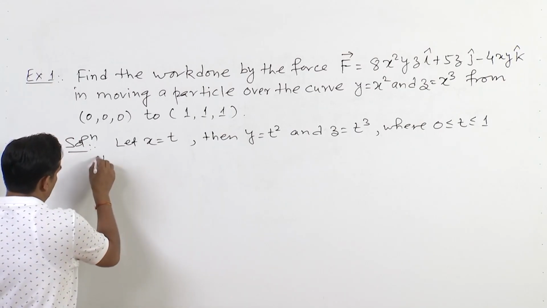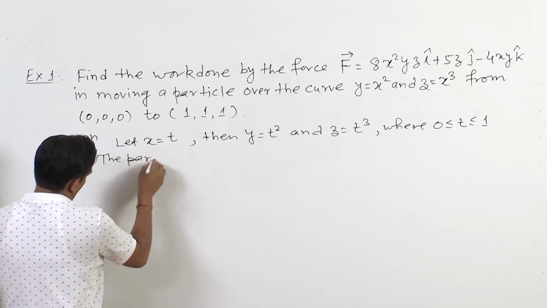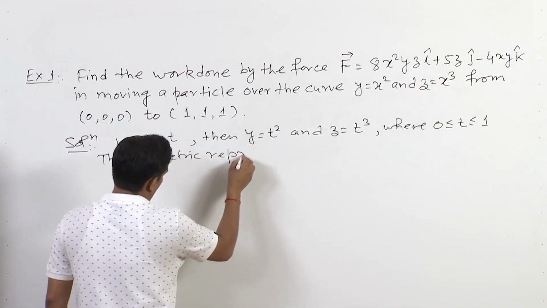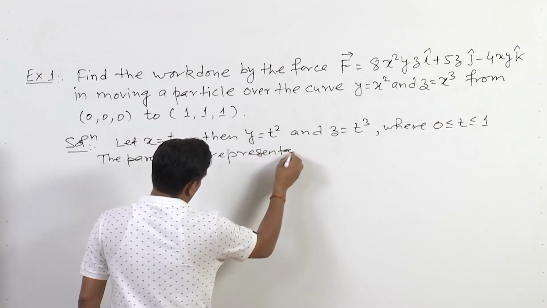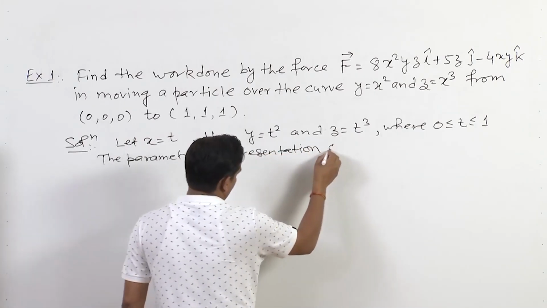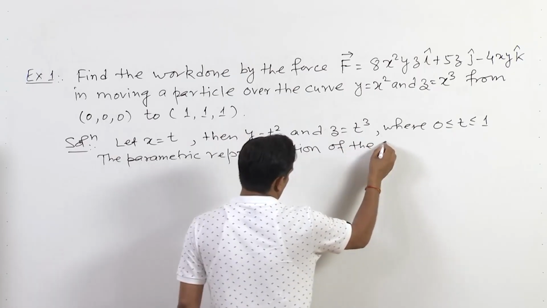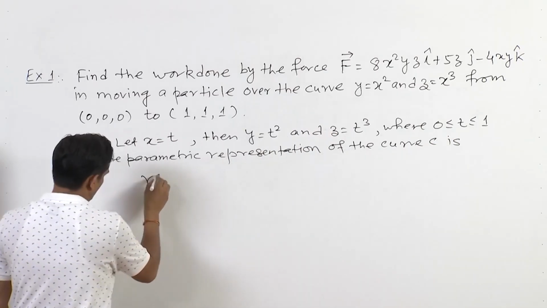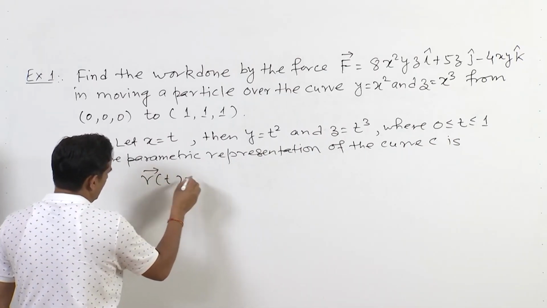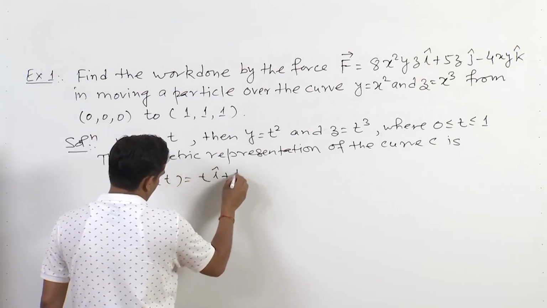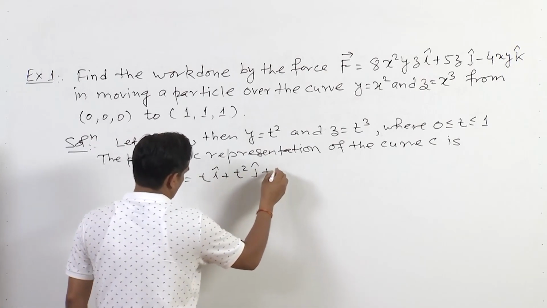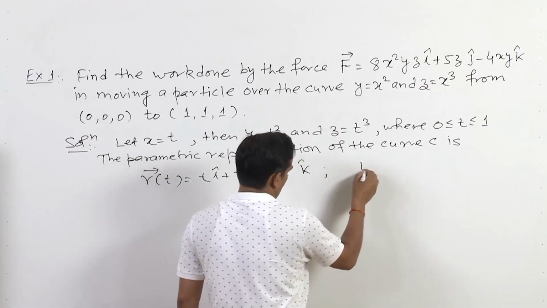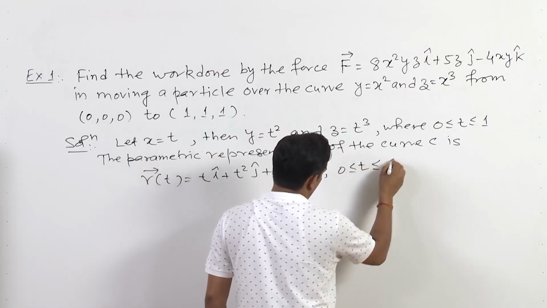So, the parametric representation of the curve C is r(t) equals t i plus t square j plus t cube k, and t is between 0 and 1.